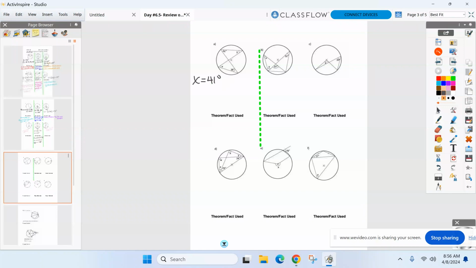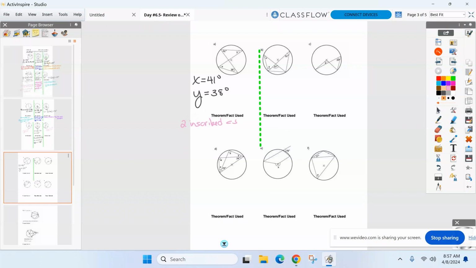Same thing goes for Y. Y is inscribed, and so is that 38 degree angle. They're both drawn to the same arc, they got to be congruent. So here was the fact we just used, used in a proof a lot. Two inscribed angles, which those were two inscribed angles. Where are they drawn to?